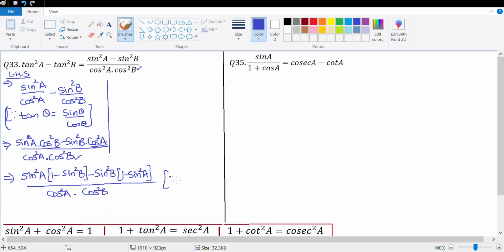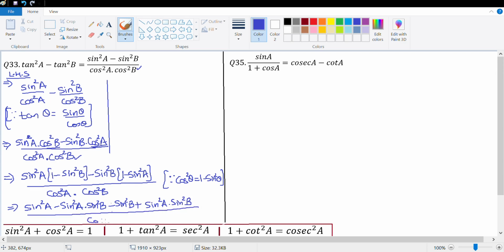The reason: since cos square theta is equal to 1 minus sine square theta. Done. Let's open the bracket and see if it helps us. So sine square a minus sine square a into sine square b minus sine square b plus sine square a multiplied with sine square b, and the denominator is cos square a times cos square b.